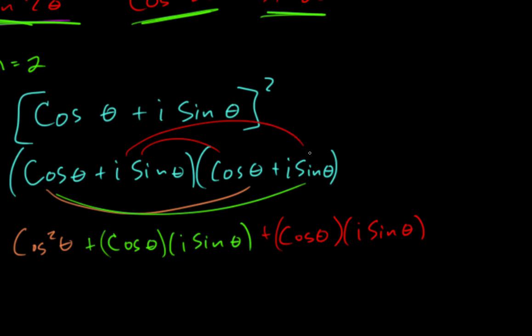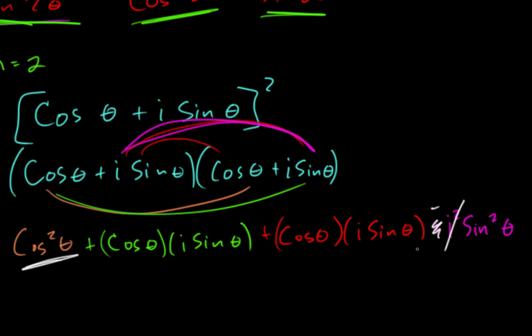And if we do this, we get i squared sine squared theta. Okay, a couple things. This is really -1, so we just get negative that.